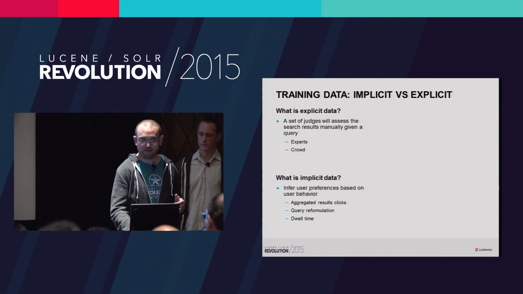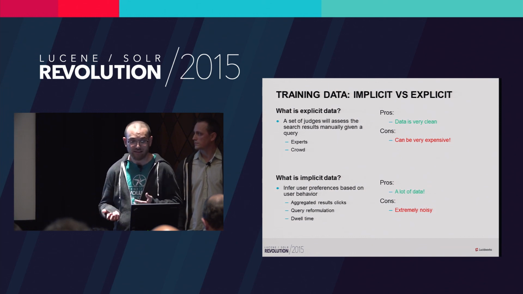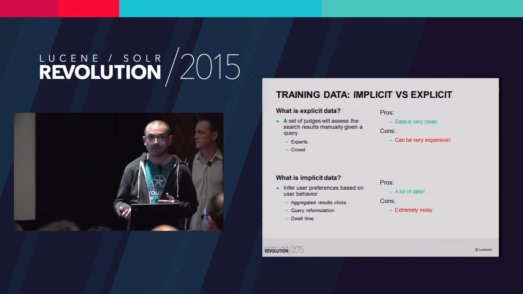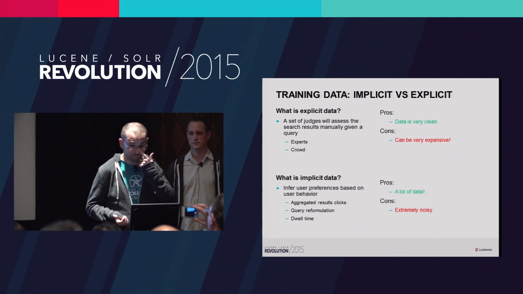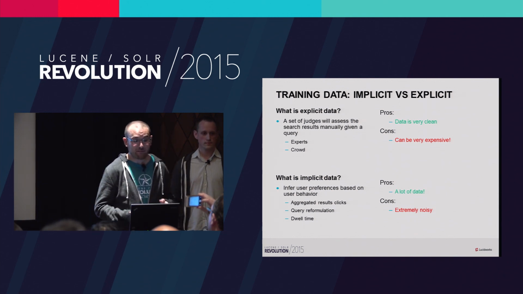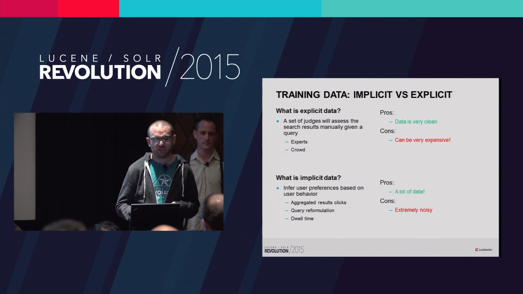Both methods have positive and negative aspects. Explicit data are really clean and accurate, but it's really expensive to create this kind of training set, while with implicit data, using the interaction of the users, you can create a lot of data, but they are usually extremely noisy.